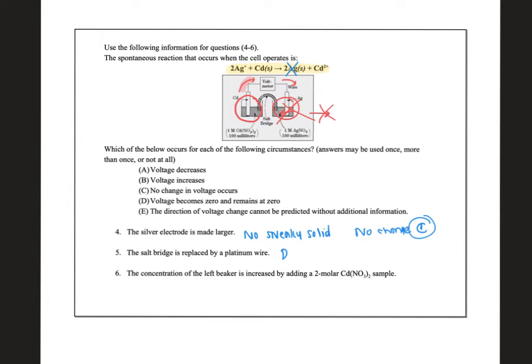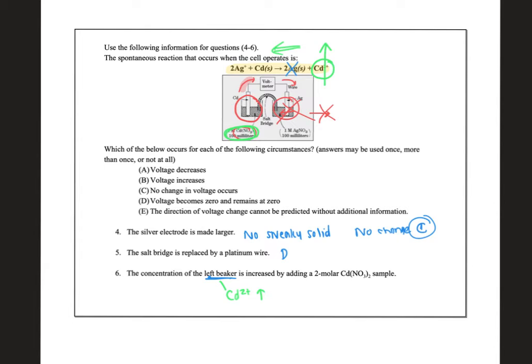Okay, the concentration of the left beaker. So let's see, the left beaker is the cadmium. So what I'm doing here, let's do green. The cadmium, the left beaker, is increasing. So I am increasing the concentration of cadmium 2+, which is a product. So this left beaker, because it's aqueous cadmium, we are increasing that. So if I increase the concentration of a product, we are going to shift left, which means my voltage is going to decrease.